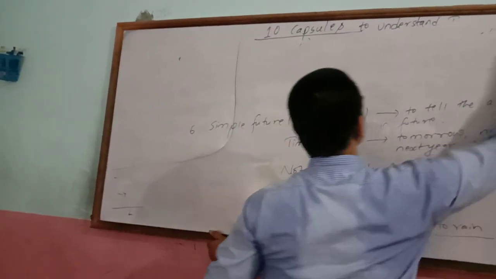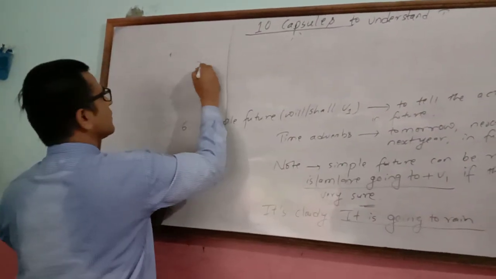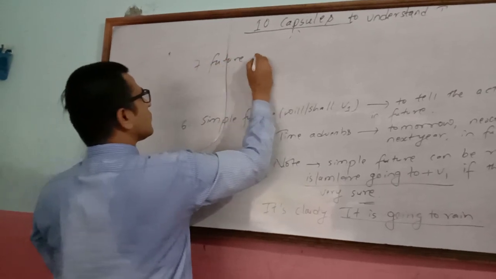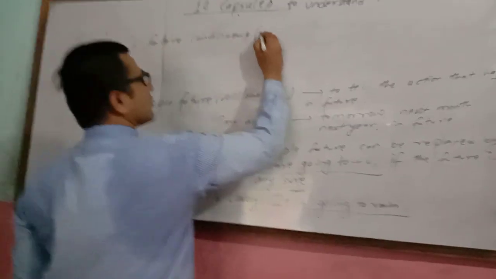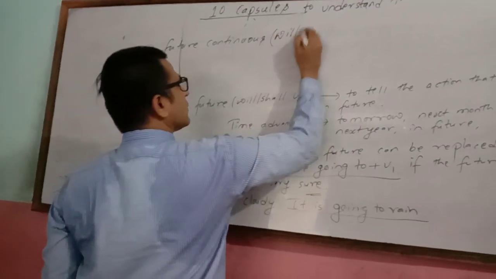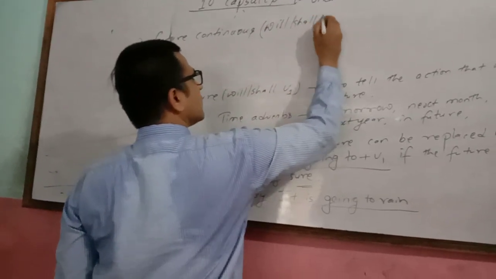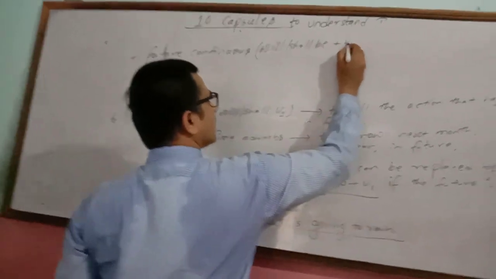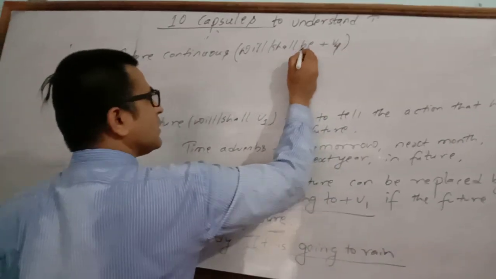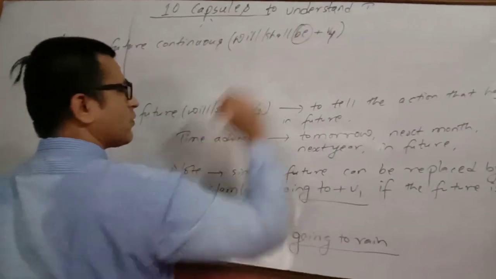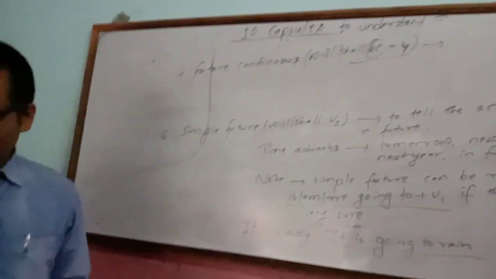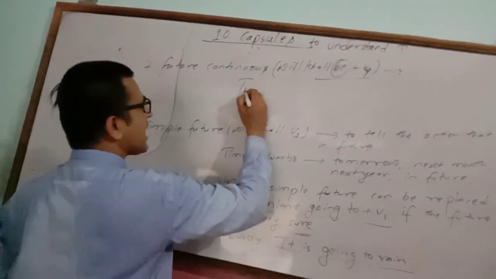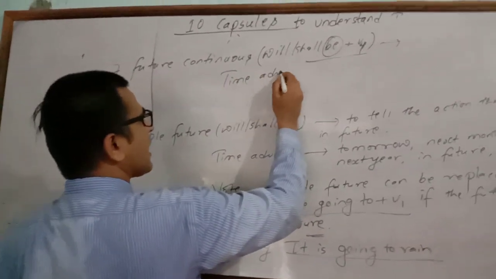Now time for future continuous. Future continuous: will, shall, be plus before, right? Here we use be before. To tell the action that is happening in future time, and time above, don't forget time above.